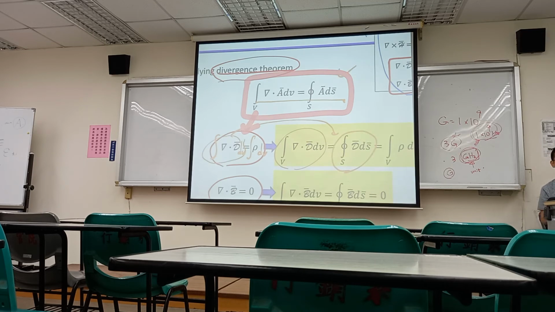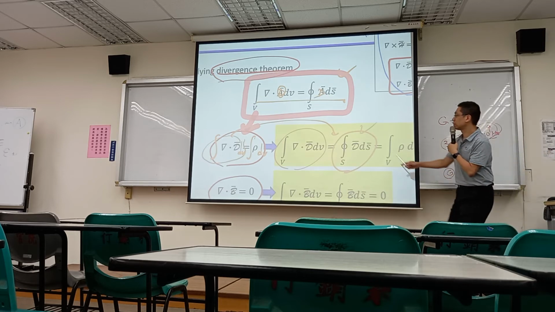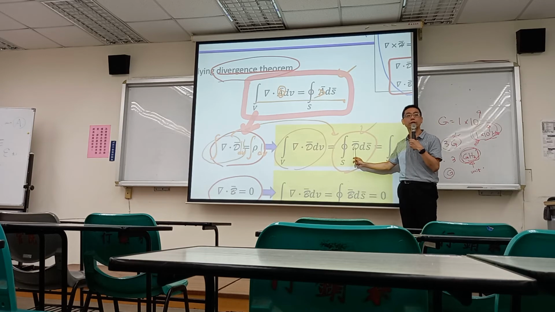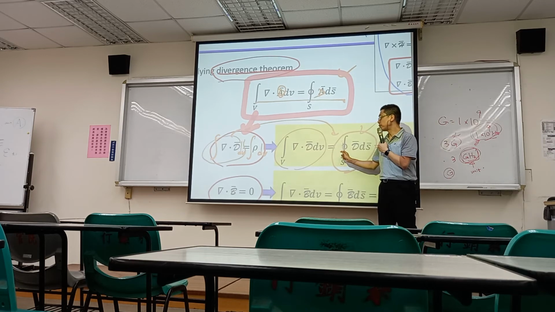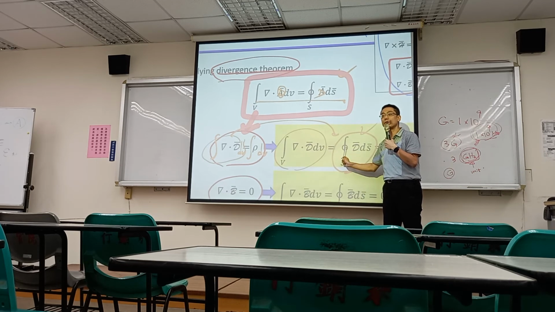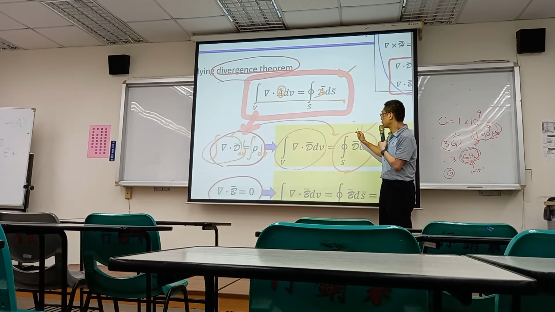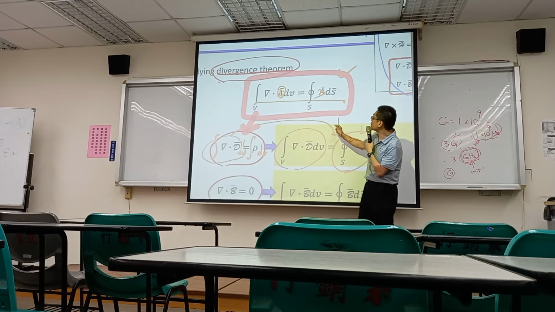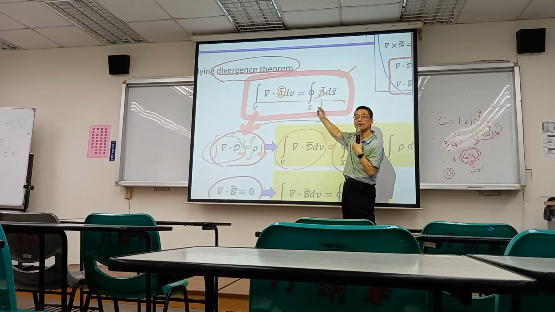Because if this is not A, this is D. This one will become this one. Okay? For the first equation, anyone has question? For the first equivalent, it's okay, right? This one becomes this one because of the vector identity.